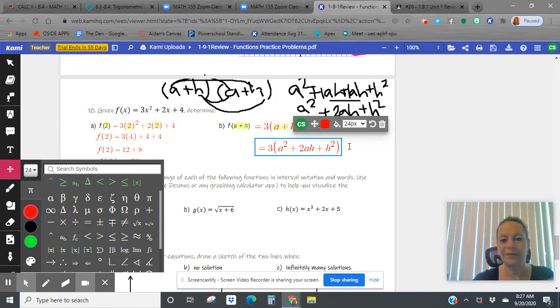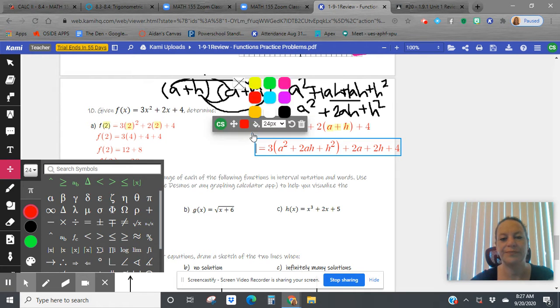Oh, that was a long one. All right, and then plus, now you're just going to distribute the 2 times the a and the 2 times the h. So plus 2a plus 2h plus 4 at the very, very end.